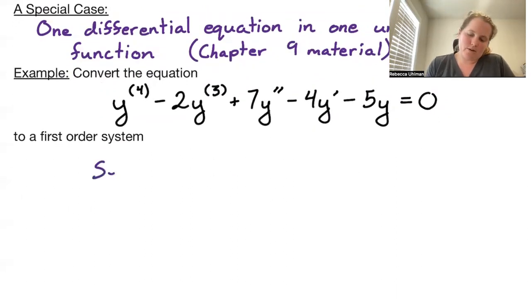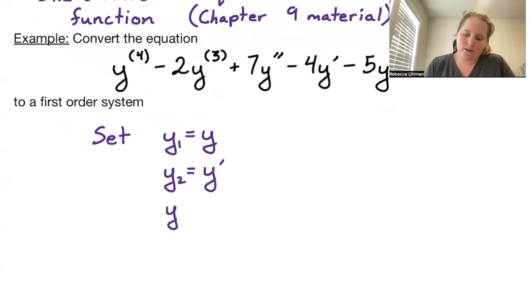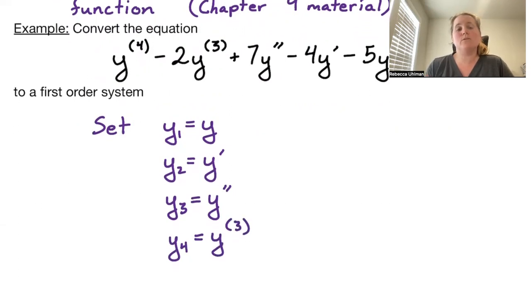Again, this time around, we'll set y1 to be y. We'll set y2 to be y prime. We'll set y3 to be the second derivative of y, and we'll set y4 to be the third derivative. Again, the highest order of derivative was the fourth derivative, so we're just going up to the derivative before that.